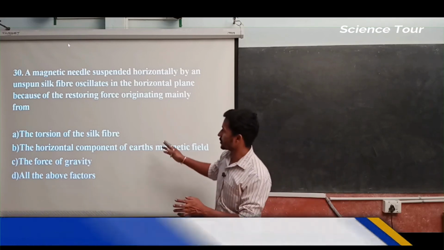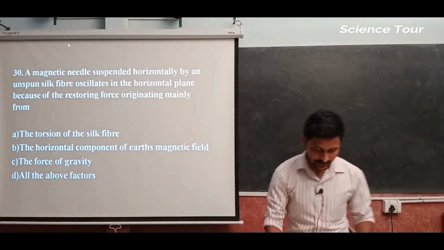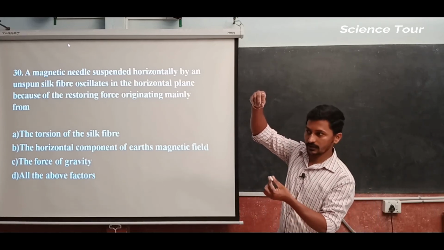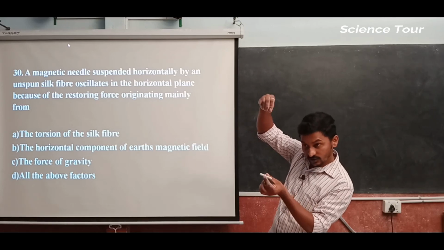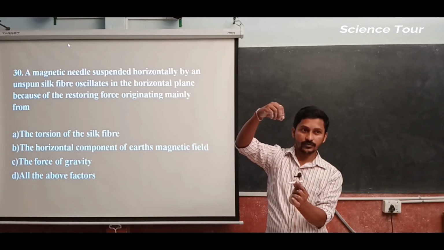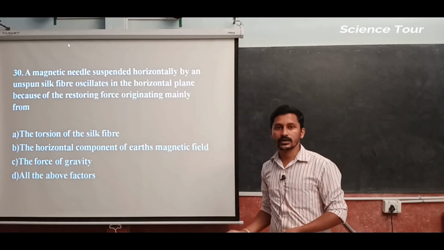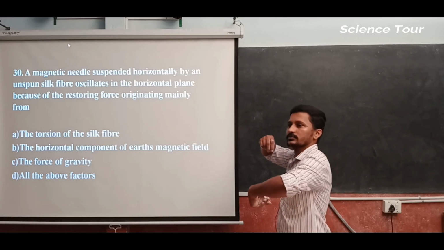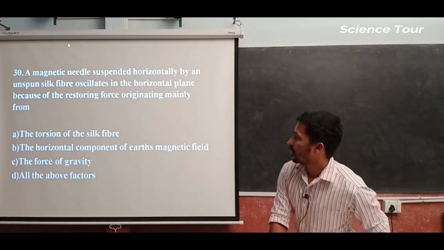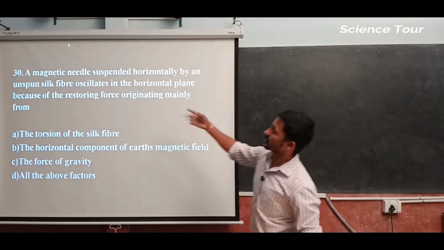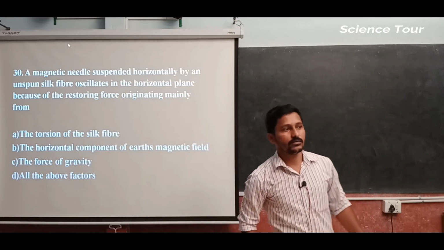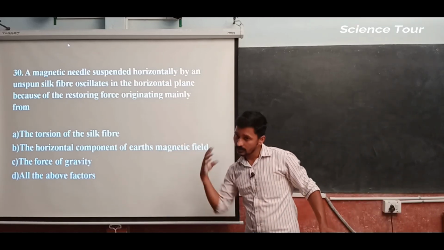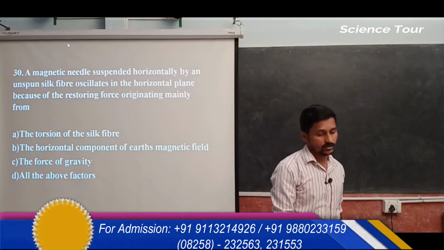Don't think that it is the torsion of the silk fiber, no. You suspend this, it rotates because of the earth's magnetic field, but the restoring force opposes and brings it back again. That restoring force is available because of the magnetic field. If the magnetic field was not there, it might keep rotating. That is mainly because of the horizontal component of the earth's magnetic field. That's why the restoring torque is available, and that's why you get the rotating torque.